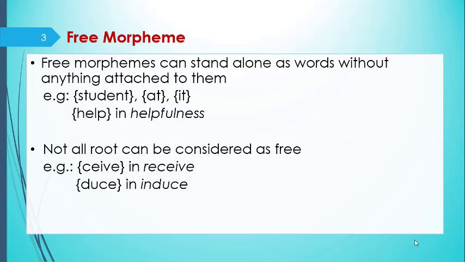Jadi receive, re di situ adalah prefix ya. In juga adalah prefix. Ceive adalah rootnya, duce juga rootnya. However, they are not free morphemes. So not all roots can be considered as free.